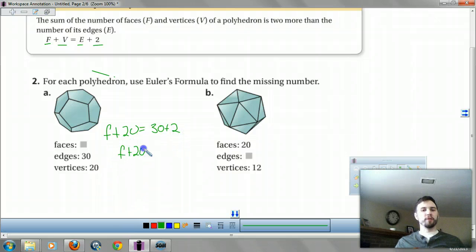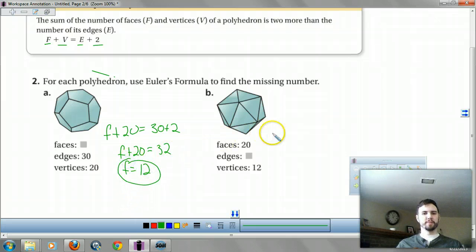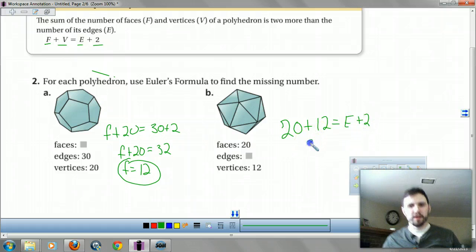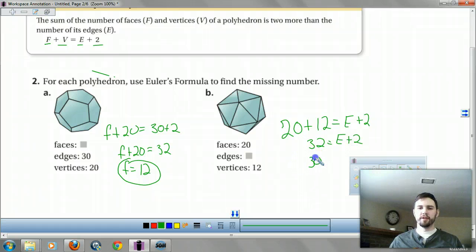So F plus 20 equals 32. So F equals 12. Again, my faces plus vertices equal my edges plus 2. So 32 equals my edges plus 2. 30 equals my edges. Okay?